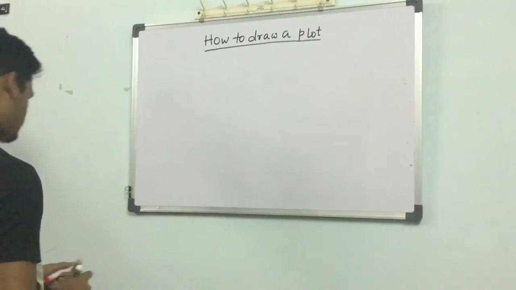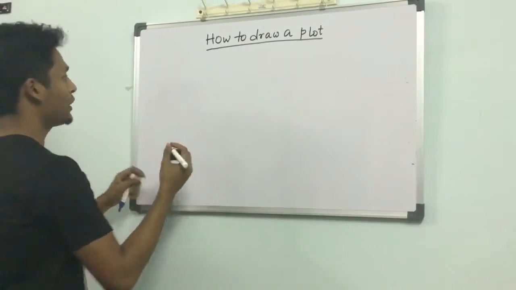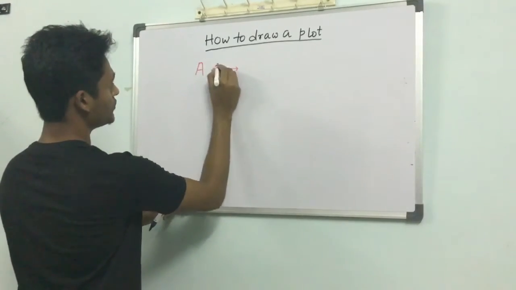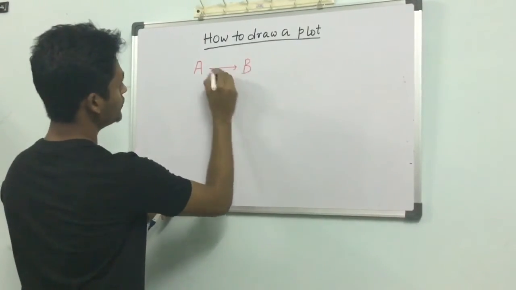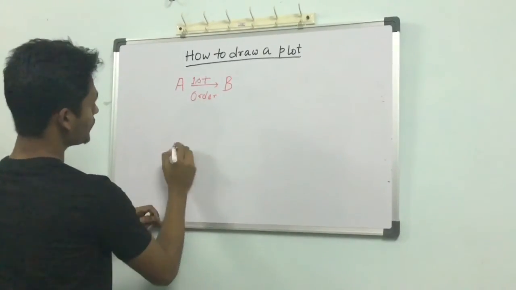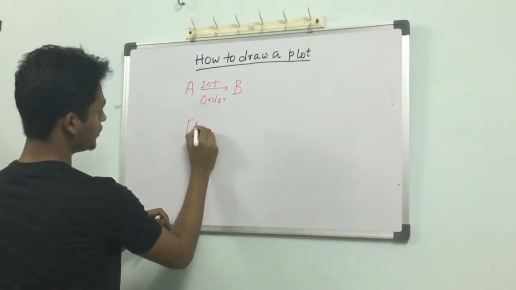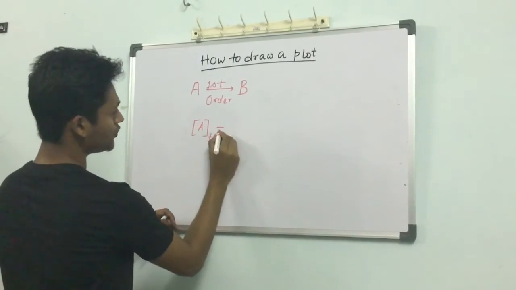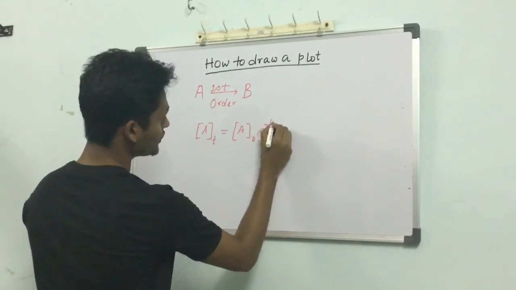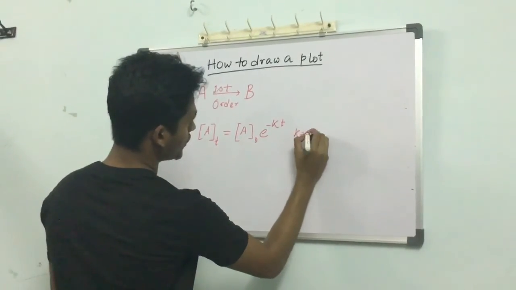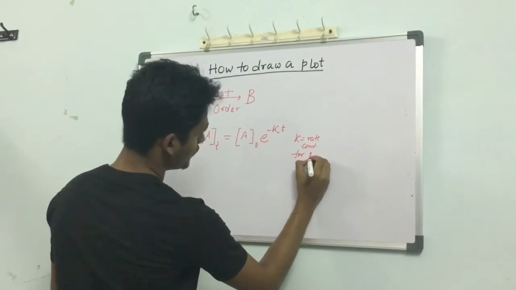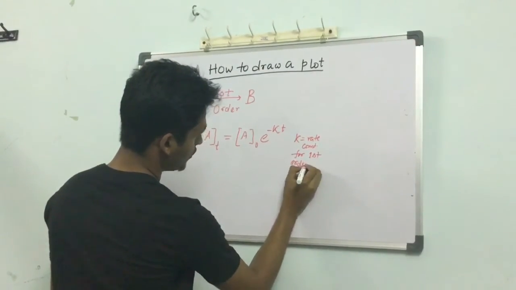One more example. You know about chemical kinetics. This is a first order reaction, A to B. First order. Then A_t, what will be A_t? That will be A0 e to the power minus kt, where k is the rate constant for a first order reaction.